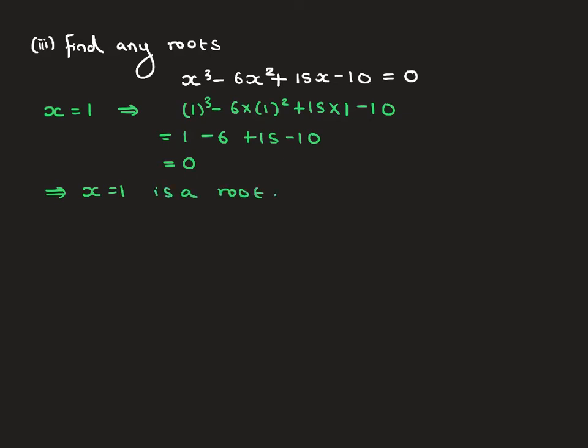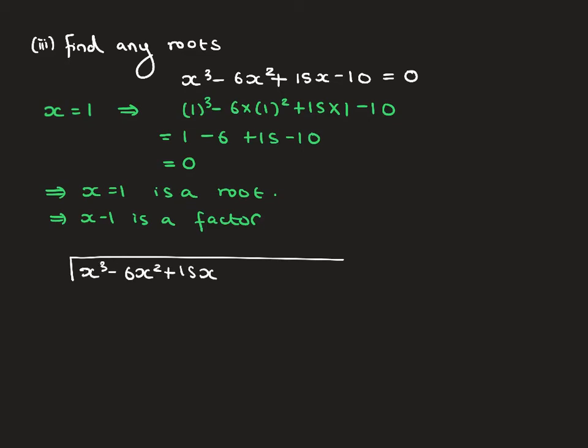Now, this tells me that x minus 1 is a factor of the original polynomial. And what I can do is I can take x cubed minus 6x squared plus 15x minus 10, and I can divide it by x minus 1 in an attempt to factorise it. So I'm going to do the polynomial division. You may want to pause here and try it yourself, or follow the video along.